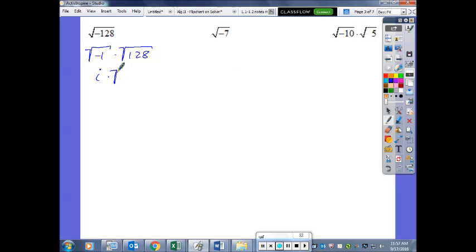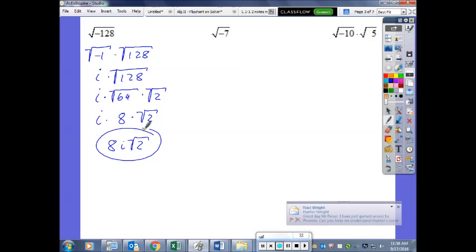And now we only have to worry about simplifying the square root of 128. And 128, as you have already noticed, of course, is the same as the square root of 64 times the square root of 2. And we got i times 8 times the square root of 2. So by convention, we put the number first. So our final answer would be 8i times the square root of 2, which is the simplest form for our problem.